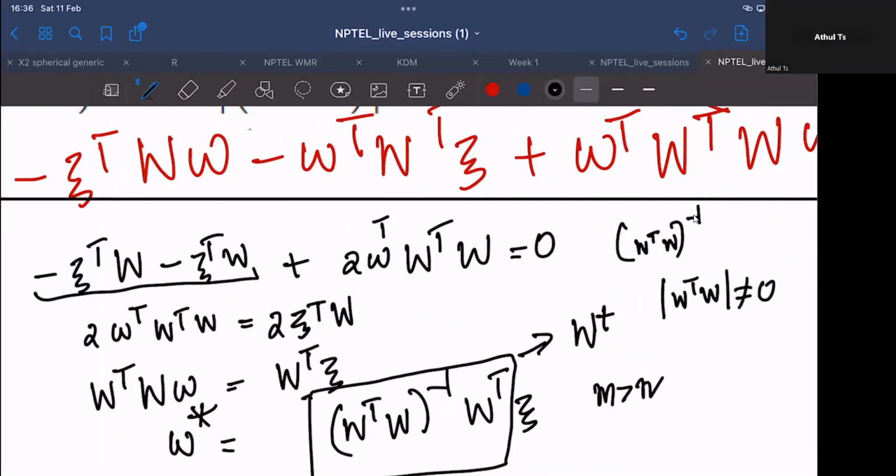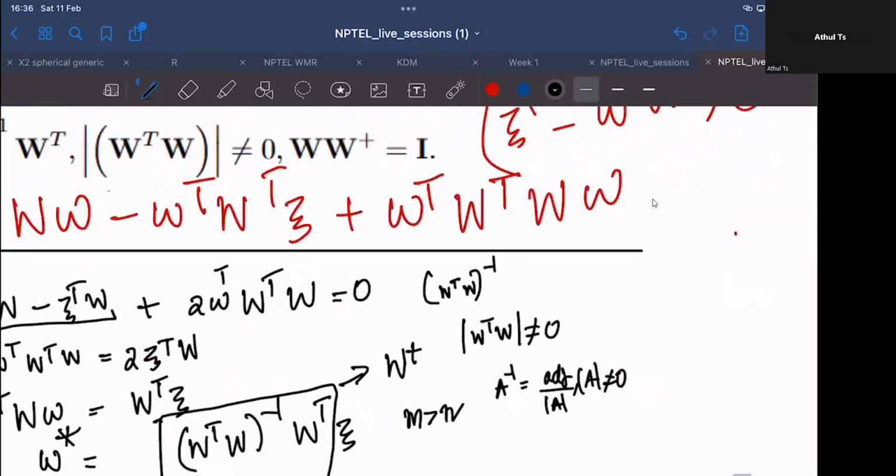Because the inverse of a matrix would be adjoint A by determinant of A, and the determinant of A should not be 0. I hope that is clear. So the inverse term W transpose W inverse should exist, and for that the determinant of W transpose W should not be 0.